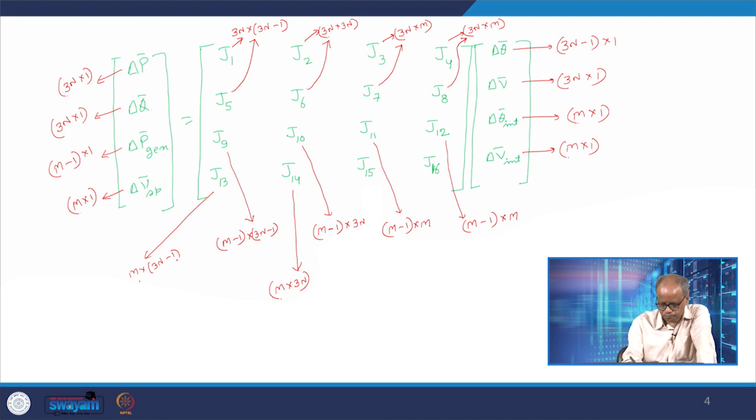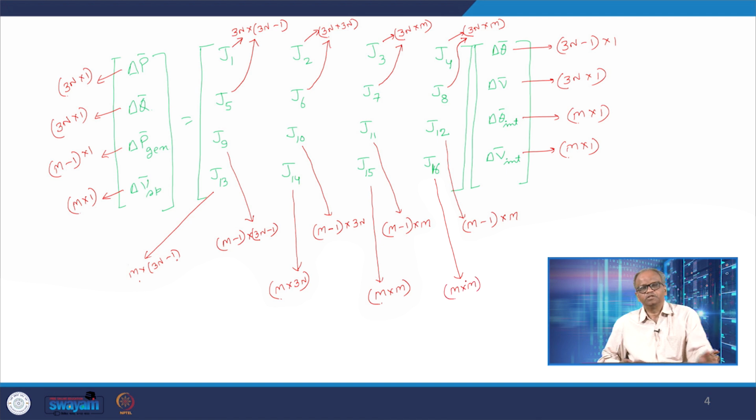J15 is m cross m, because this is m, this is also m. And J16 is also m cross m. So these are the dimensions of the various Jacobian submatrices.